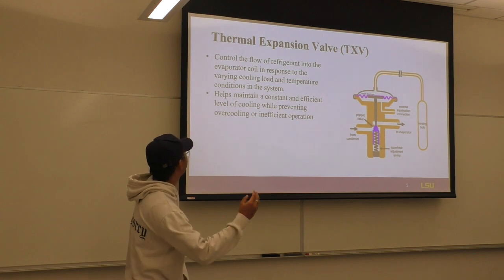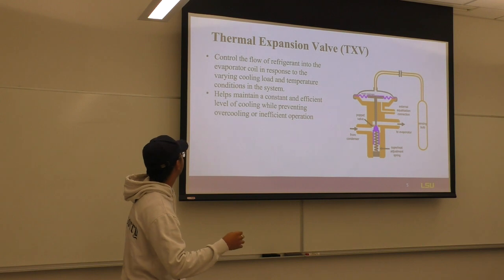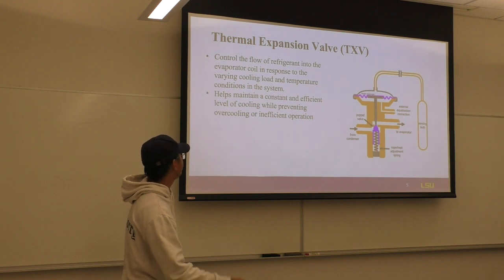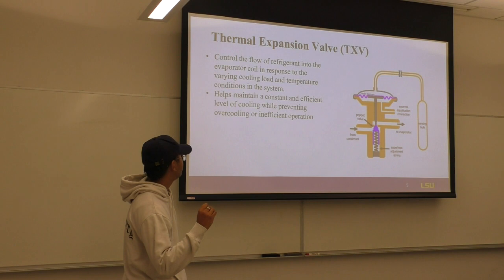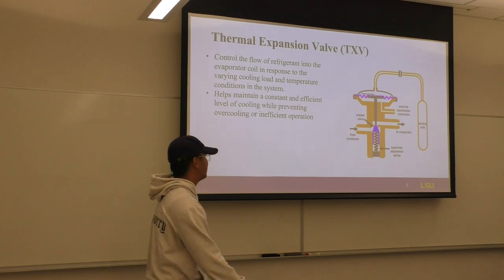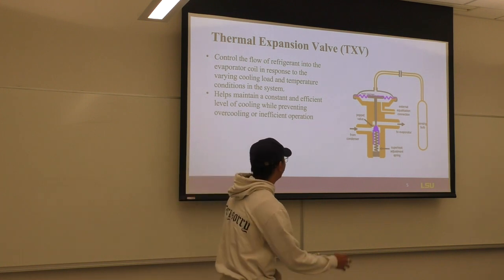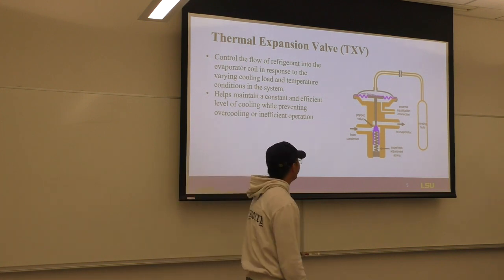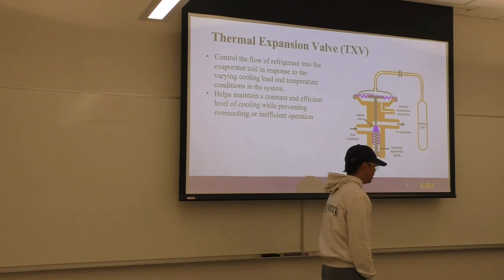It controls the flow of the refrigerant into the evaporator coil in response to varying cooling load and temperature conditions in the system. It also helps to maintain the efficiency of the cooling while preventing overcooling and inefficient operations. And the most important component of the expansion valve is the sensing bulb right here.